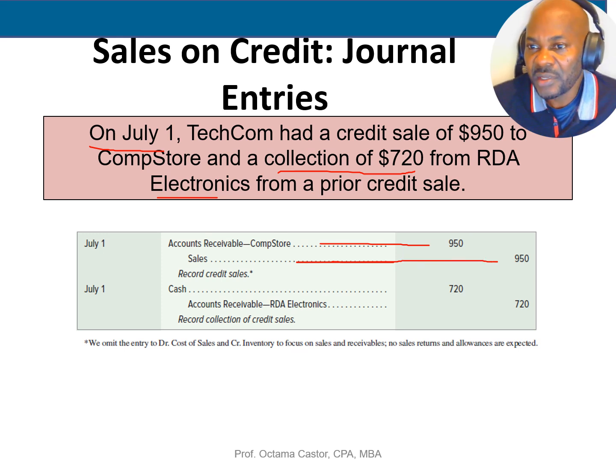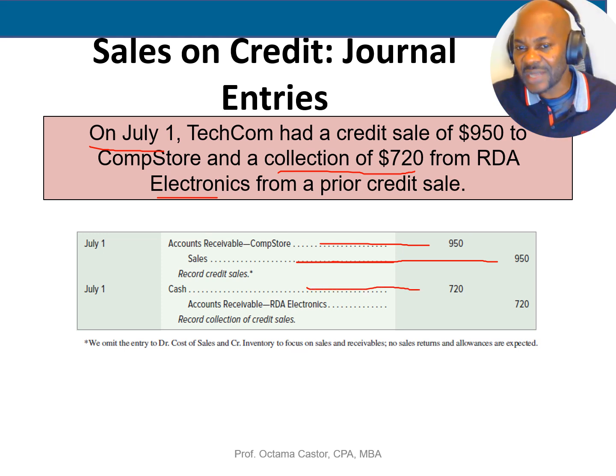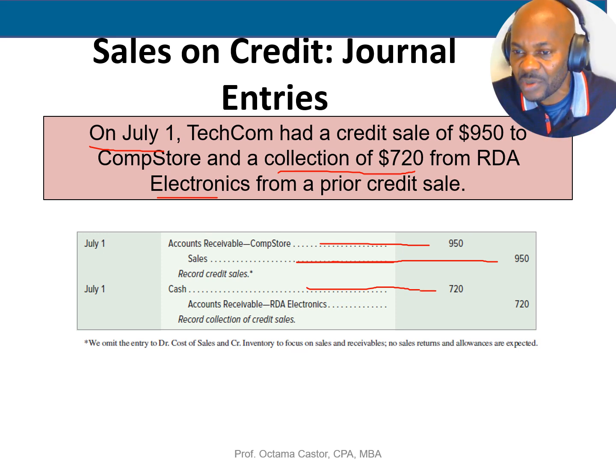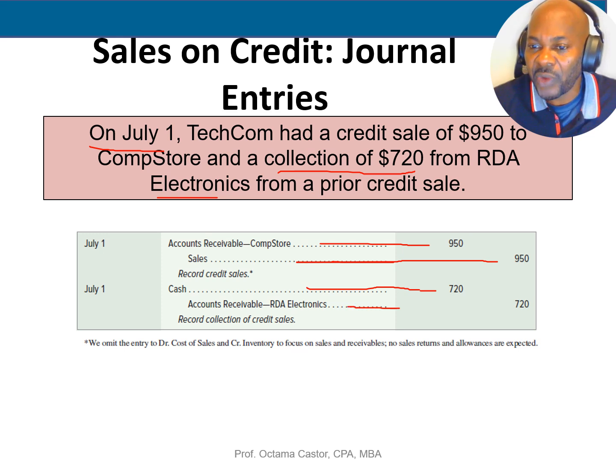And then on the other hand, to record the collection of the $720, you debit cash. Remember, cash is an asset account. When you receive cash, you debit cash for the amount of $720, which is the amount you collected. And you credit accounts receivable for RDA Electronics for $720. So what does this transaction indicate?